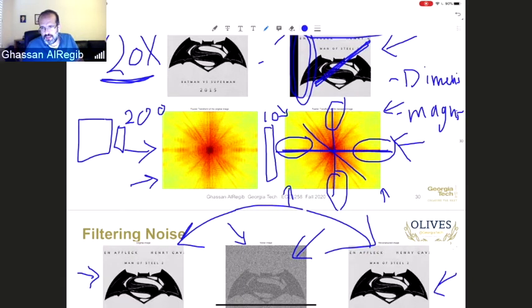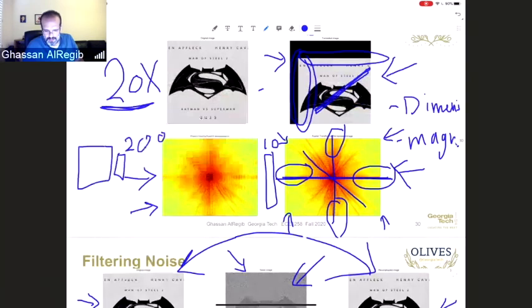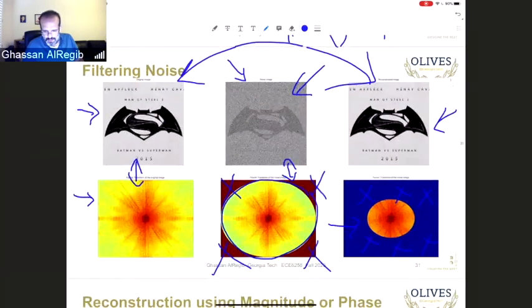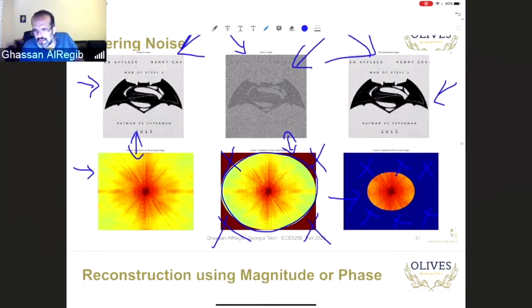Is the one in the middle a low pass filter or adding high frequency noise? Middle. I think maybe you're talking about this one. Is the one in the middle a low pass filter?